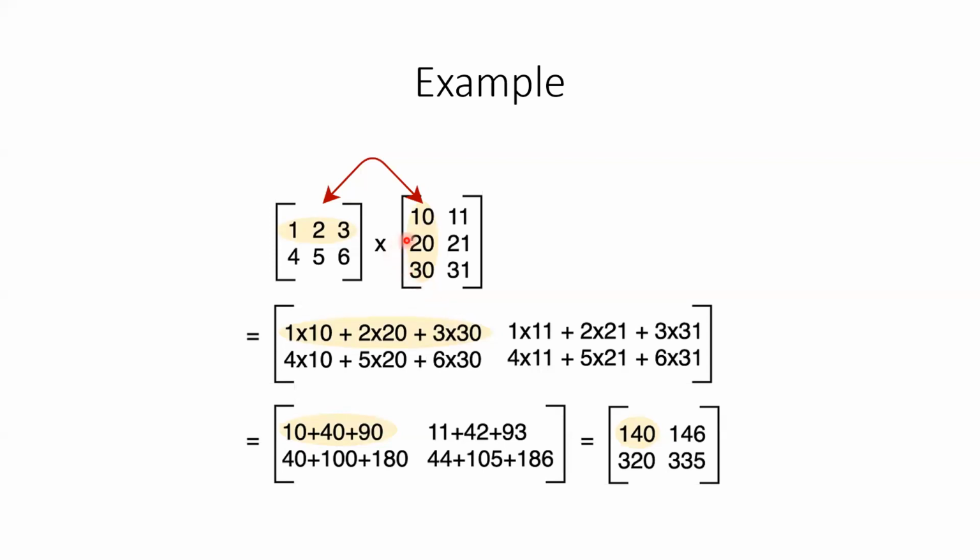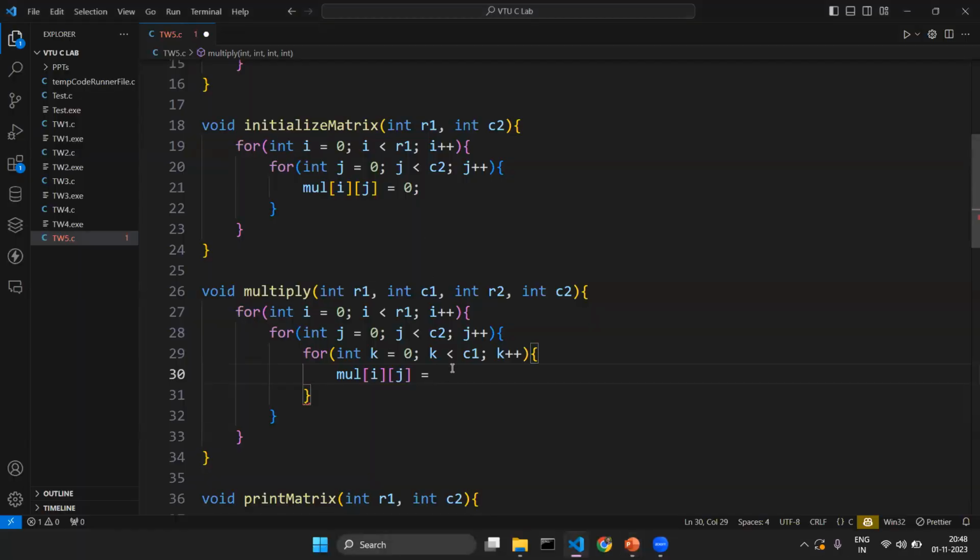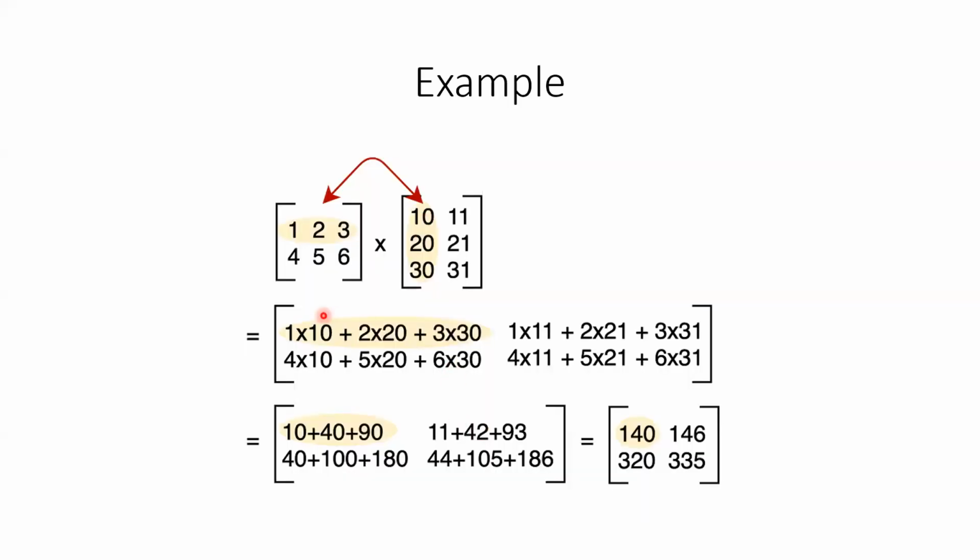The k we are taking to iterate over each element, kth row, jth column. So this will give us the desired result. Let me show it over here, and we need to add the sum of all the multiplications to a single value. You can see here all these 1 into 10, 2 into 20, 3 into 30, all this multiplication I need to add and compress it to a single variable, which is coming out to be here 140.